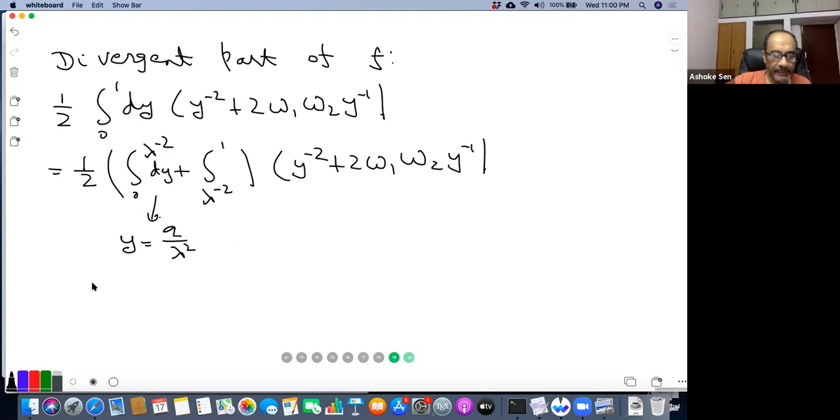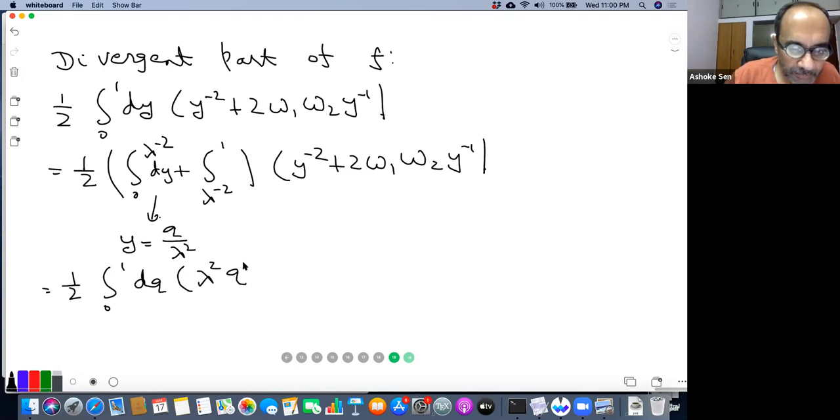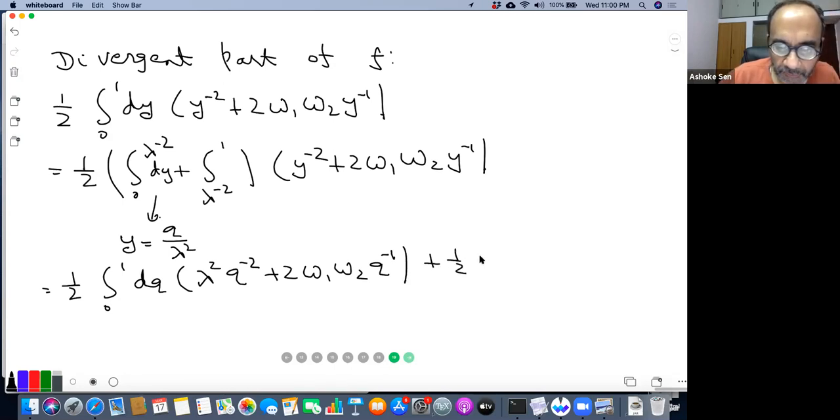And once you do that, this becomes half integral 0 to 1 dq lambda square, q to the minus 2 plus 2 omega 1 omega 2 q inverse, plus half integral 1 over lambda square to 1 dy, y to the minus 2 plus 2 omega 1 omega 2 y inverse.